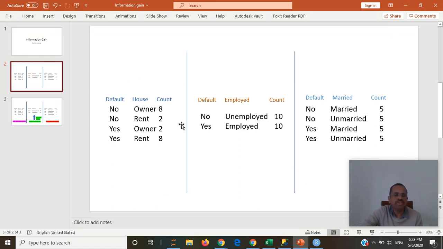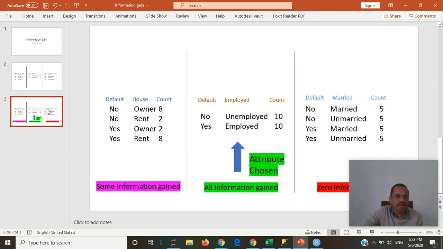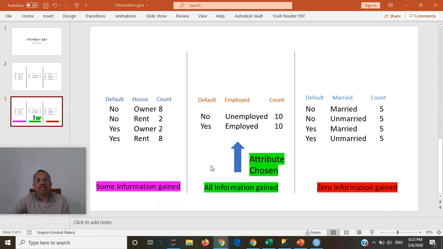This is the case which lies in between these two extremes, where we get a little bit of information. If the person owns a house, then he will mostly not default, and if he's rented, he will default. So depending on this column, we can get a little bit of information. So for conclusion, we can say that all information is gained from this attribute.